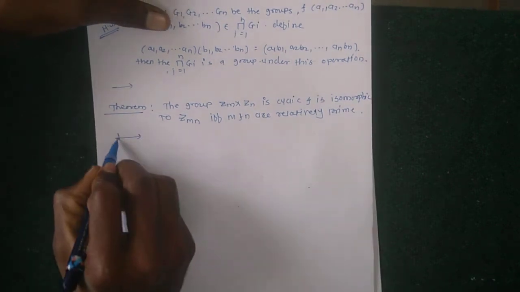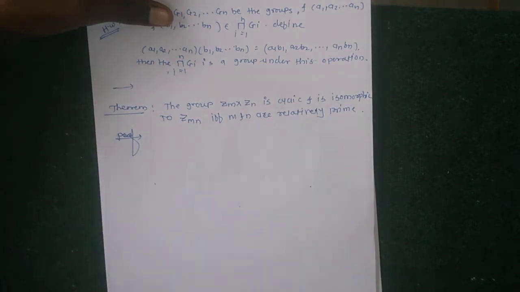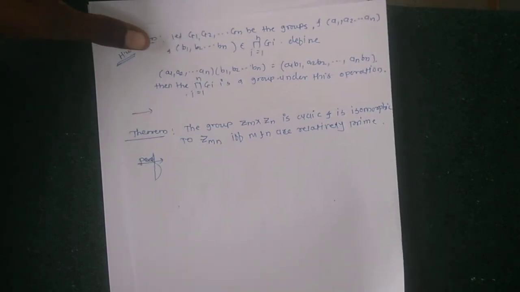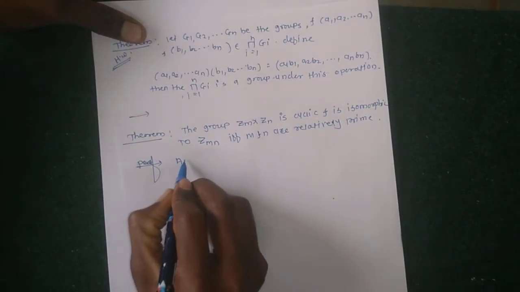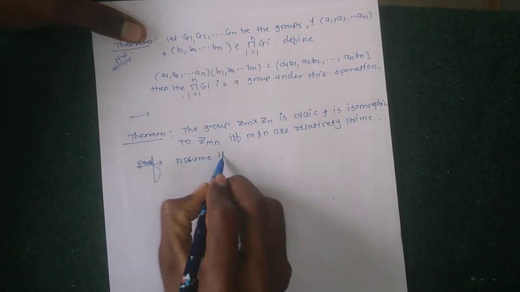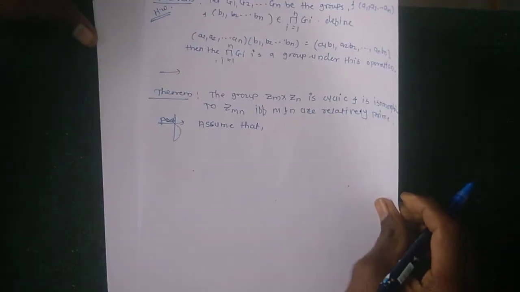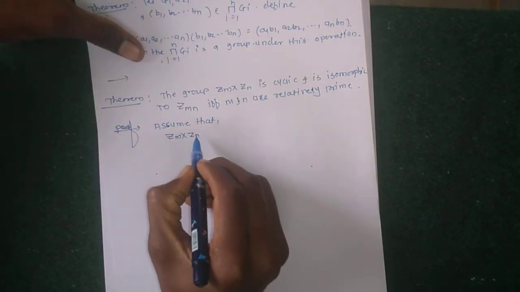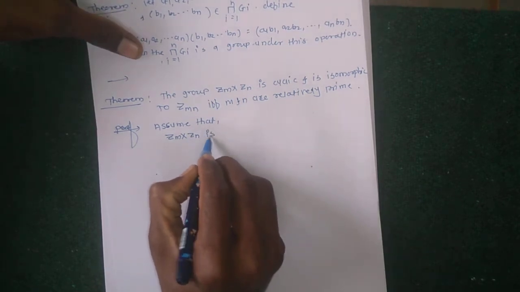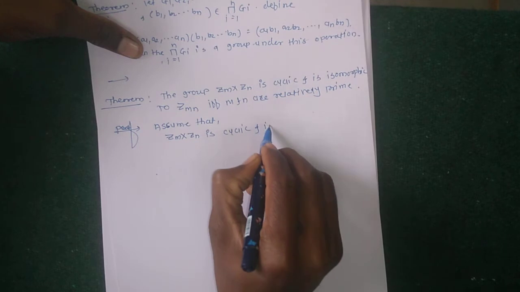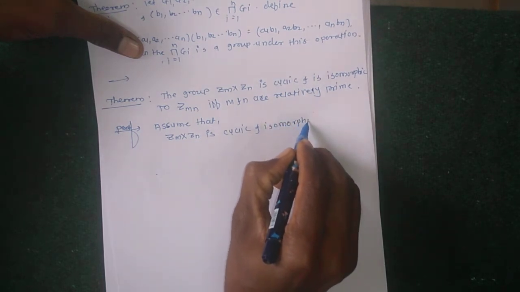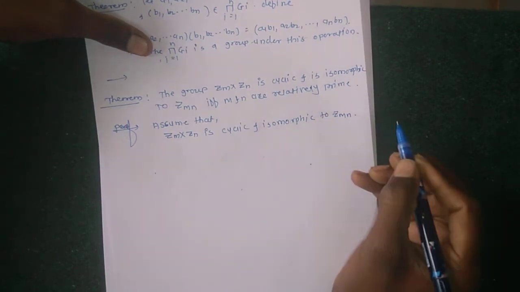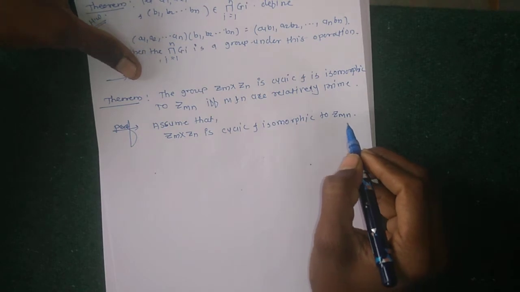Proof of this theorem. Firstly assume that Zm cross Zn is cyclic and isomorphic to Zmn.